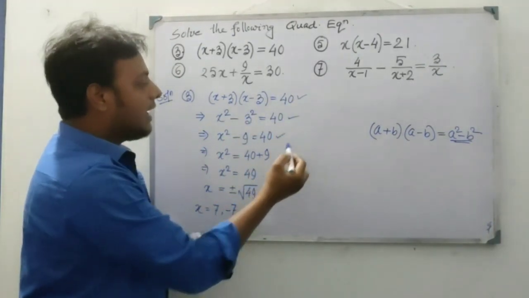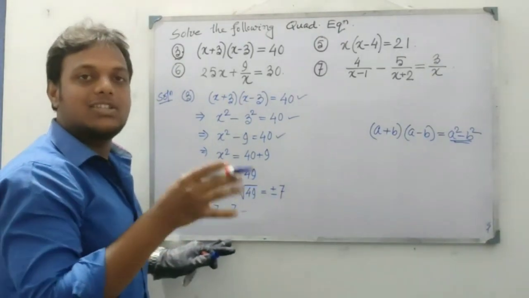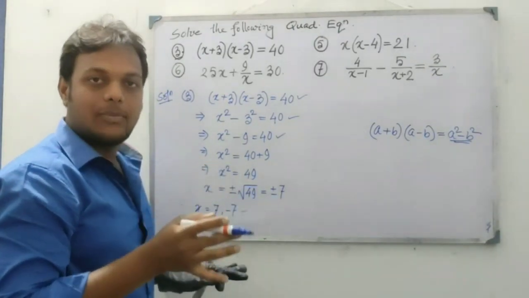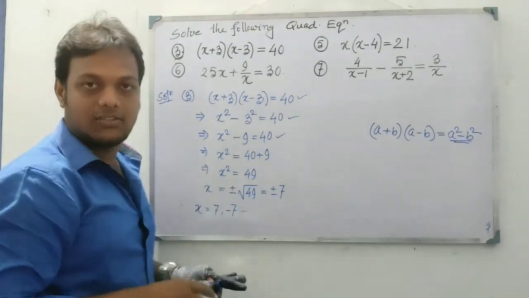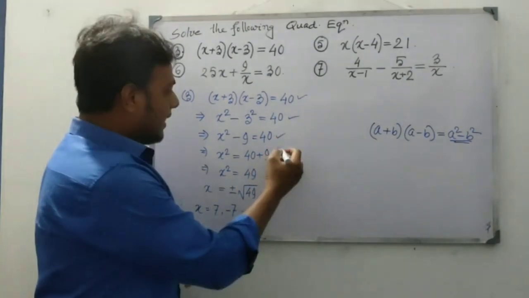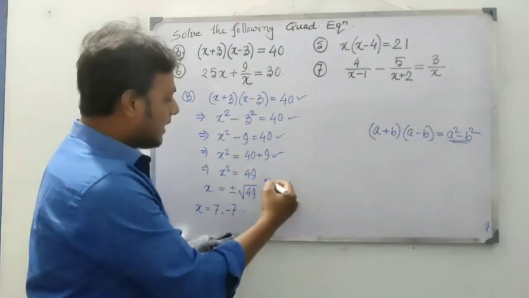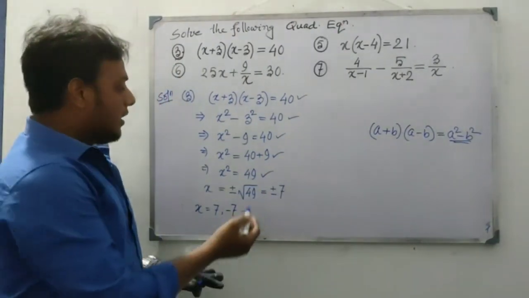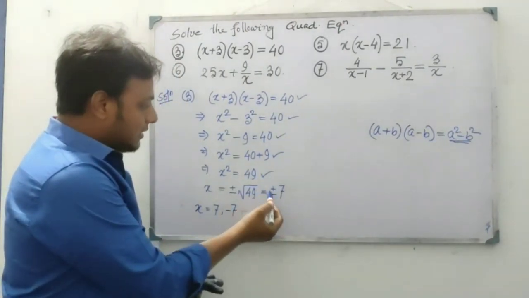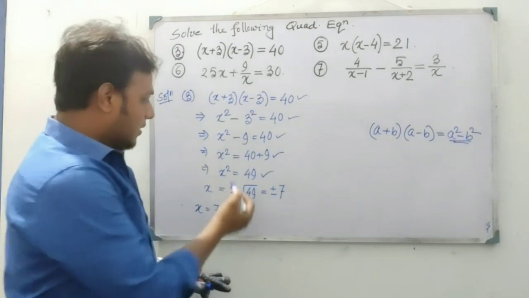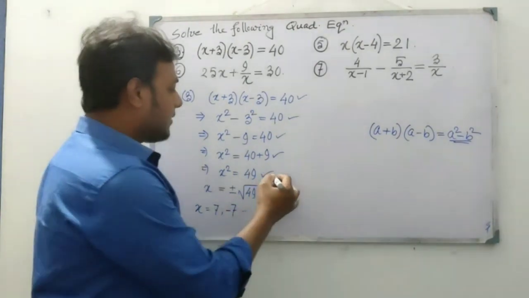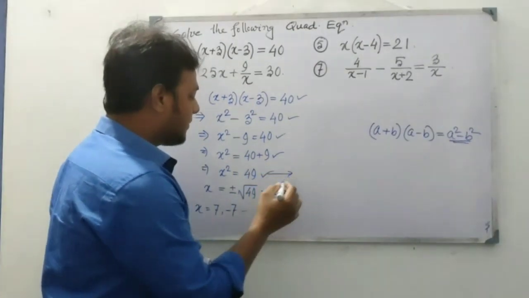This line and this line are identical, but this line and this line are not identical. So x² = 49 is my quadratic equation.